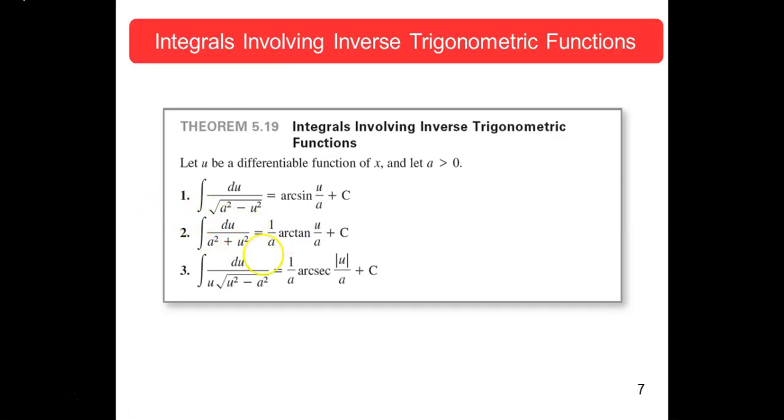And then we have the third integral, which is the integral of 1 over u times the square root of u squared minus a squared, which is 1 over a arcsecant of the absolute value of u over a, plus c. And keep in mind, we're looking at these for all a greater than 0.